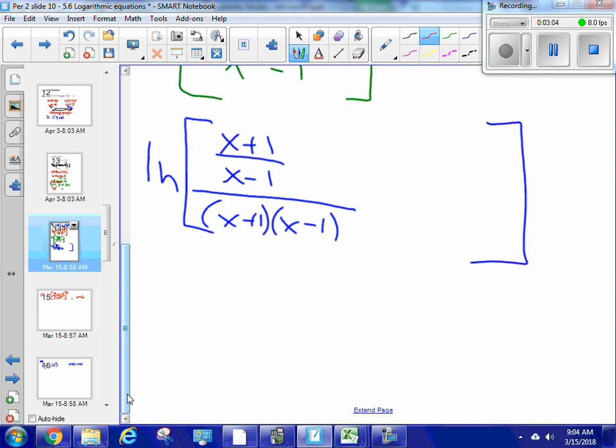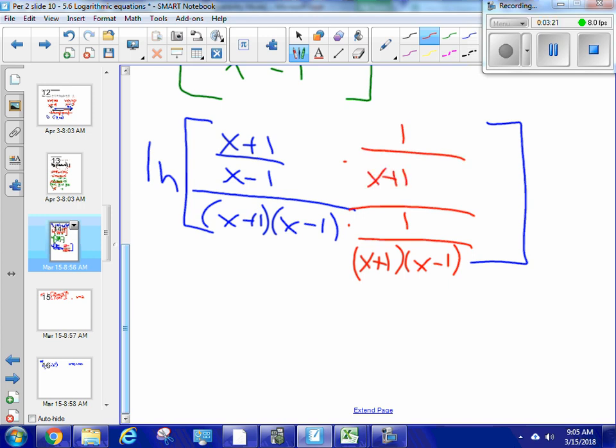But I'm going to multiply my denominator by 1 divided by x plus 1, x minus 1. And if I do it on the bottom, I got to do it on the top. 1 divided by x plus 1 over x minus 1. Because really what I'm doing is I'm just multiplying this expression by 1. Something divided by itself is 1. Still good?